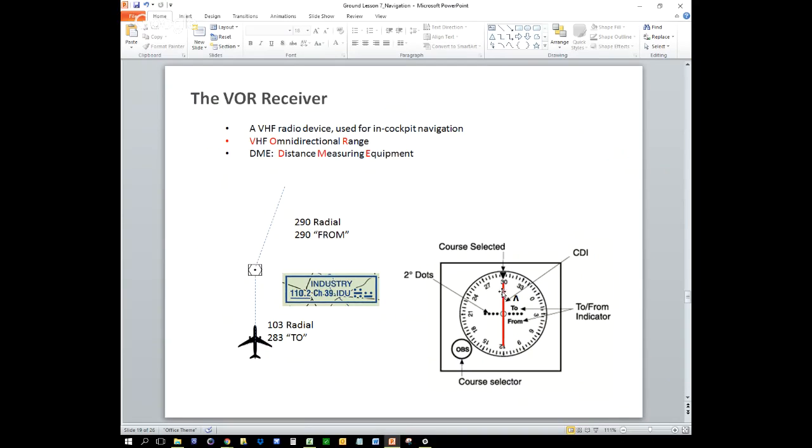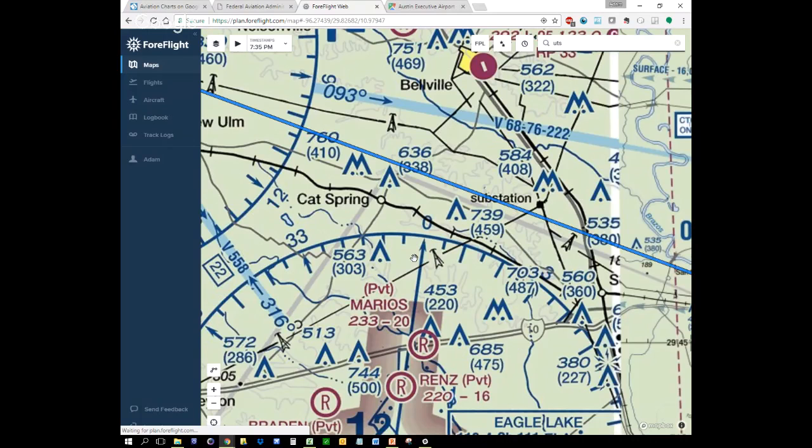So in this case, it's going to swing right to left. And as soon as it crosses, you are right on that radial. That is so freaking cool. Yep.